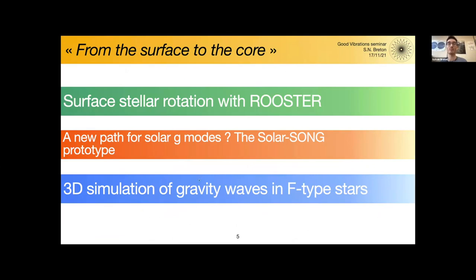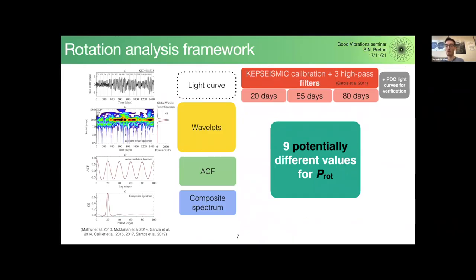Yeah, that's a very good question. It was out of the scope of the work for Rooster. But of course, when you use the wavelet, you can see when you have several different rotational signals. That is something we would like to investigate in the future: how you can analyze what looks like a signal of latitudinal differential rotation in the wavelet, and link those signatures to strong constraints on this differential rotation or on different rotational signals.